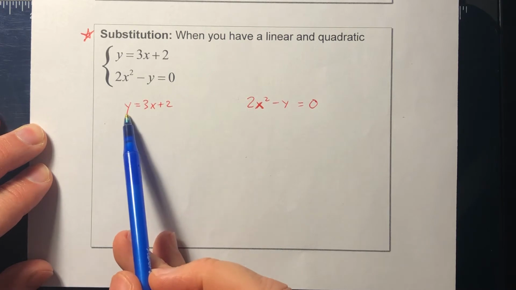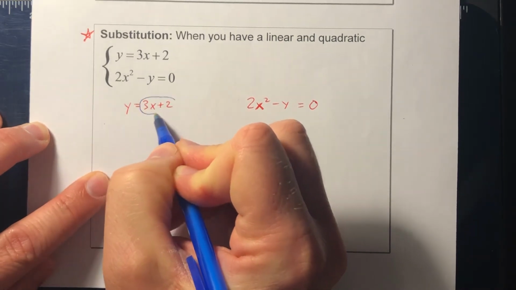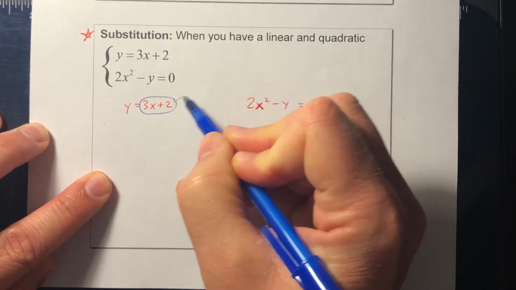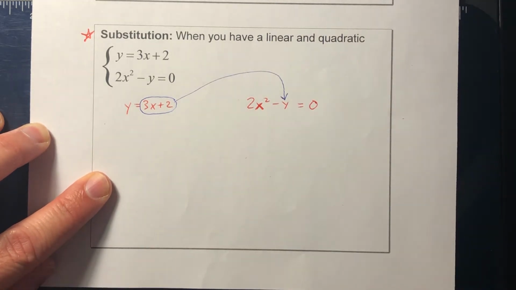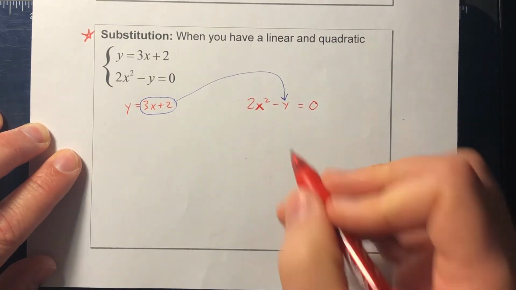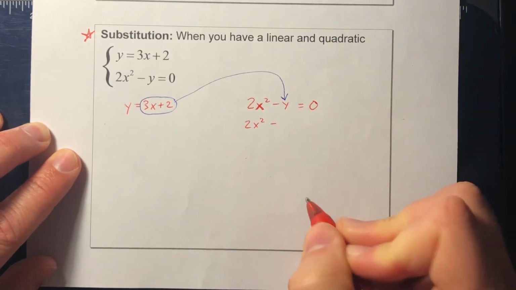As you can see in the left equation, we have y already by itself. So what we're going to do is take this value and bring it over and plug it in for this y. We are substituting it in for the y. On this particular problem, we have to be very careful because of that minus sign.